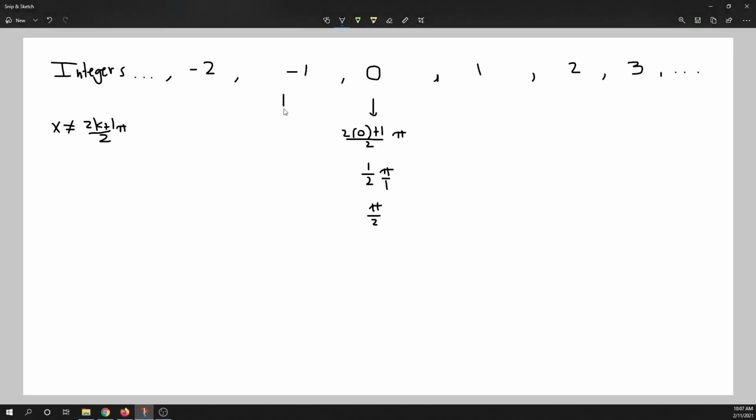Okay. And then likewise for all of these other points. So for instance, -1, if I plug that into this formula, it's going to tell me another place in the list. So if I work that out, I'm going to get (-2 plus 1) over 2 times pi. That's going to be -1/2 pi. That's the same as minus pi over 2.